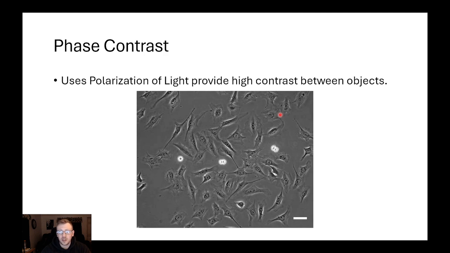You're sending light through a slit to cause different wavelength patterning of the light coming through. This difference in the way the light comes through the slit causes really high contrast between bright objects and dark objects. So again, we want to achieve contrast by making things strikingly different in appearance, and we've accomplished that here.